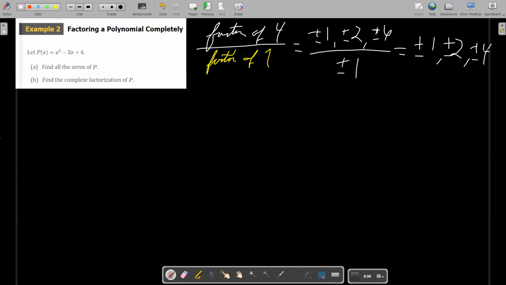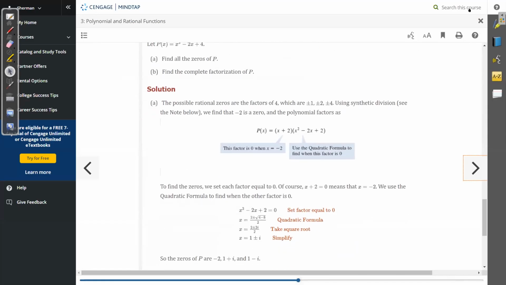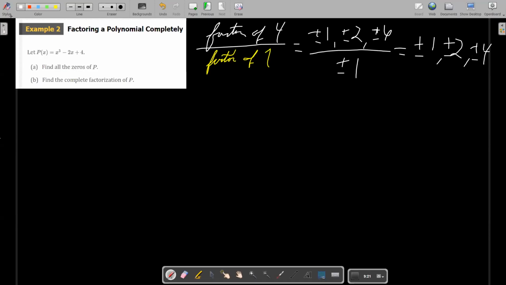Okay. Let me mute my phone. Okay. All right, so now we're going to proceed with finding our factors, and I might cheat a little bit. Sorry, that's what I do. All right, so I know negative 2 is going to work.